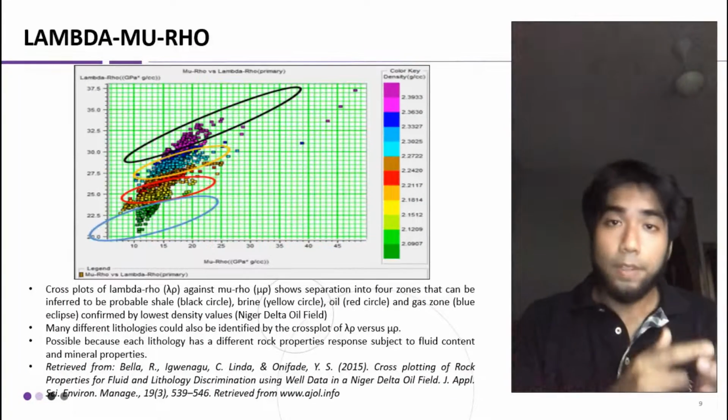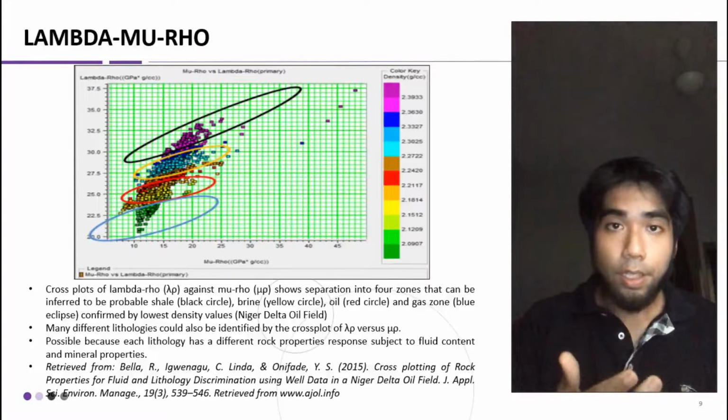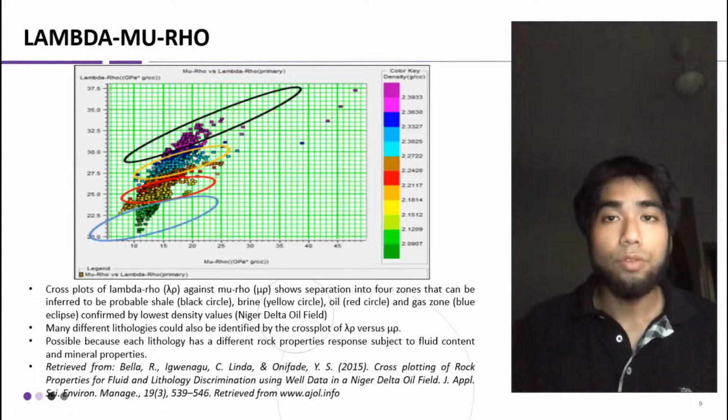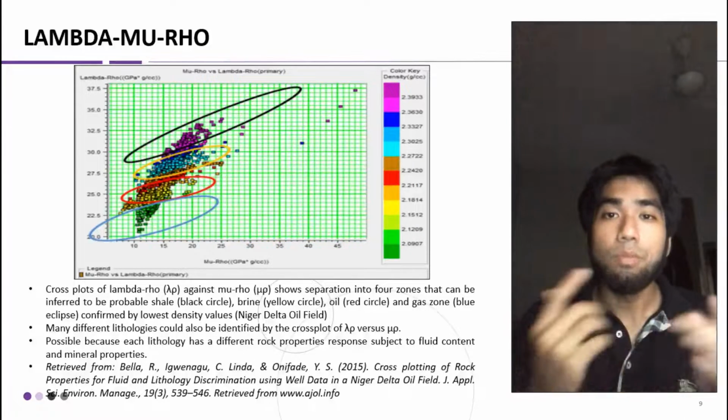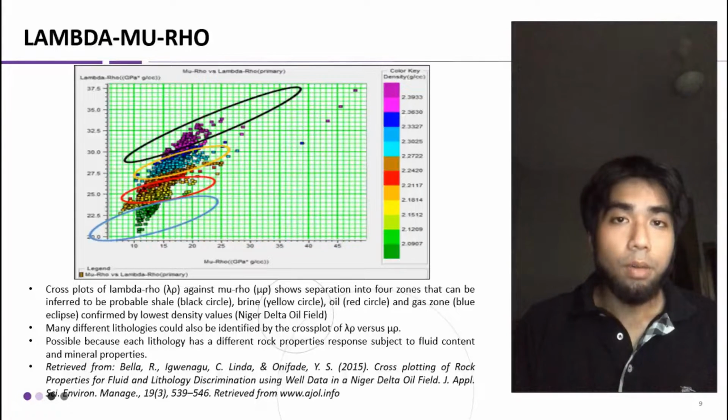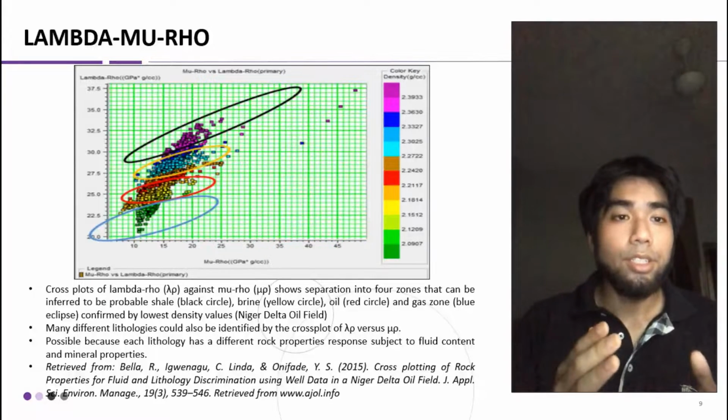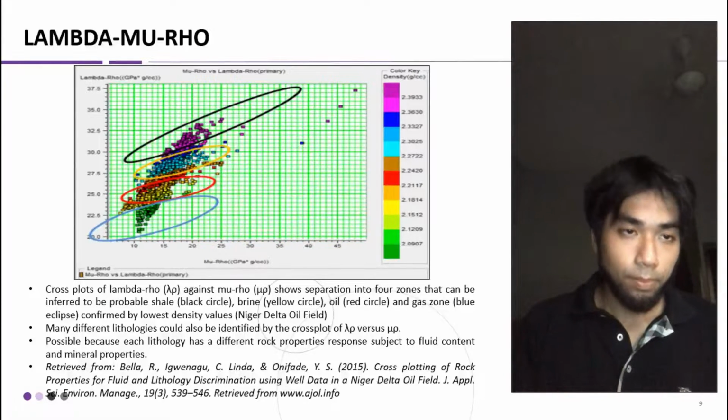Based on this slide, as you can see, it is a cross plot of lambda rho versus mu rho based on a Niger Delta oil field.